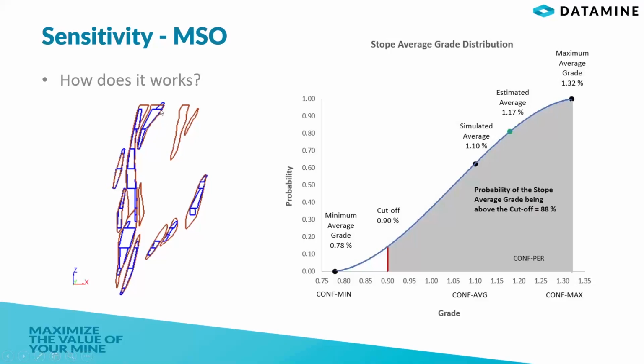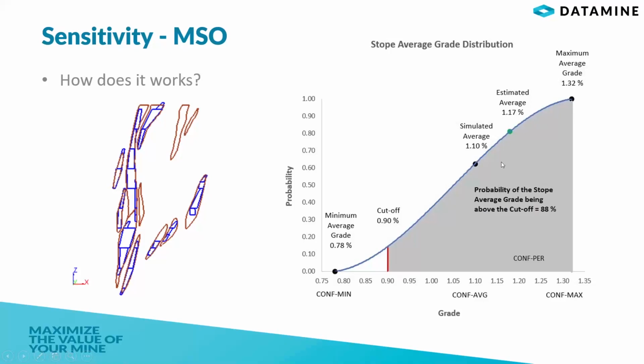After optimizing these stopes, what I'm going to do is calculate the average grade of the blocks inside this stope for each simulation. So I'm going to get a distribution of grades inside this stope, like that one. I will have a minimum, maximum grade, an average grade.